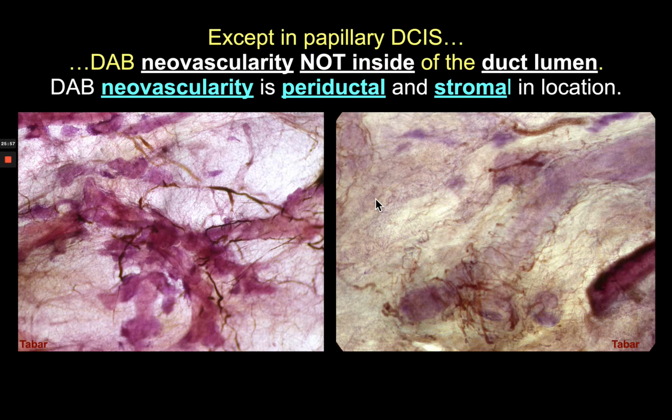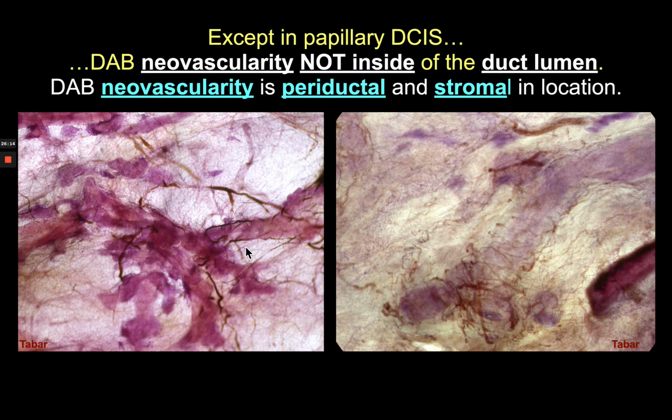Now, people get the false idea on MR that there's vascularity inside the ducts with so-called DCIS. That's not true in the majority of cases. Most of this neovascularity is periductal or stromal.